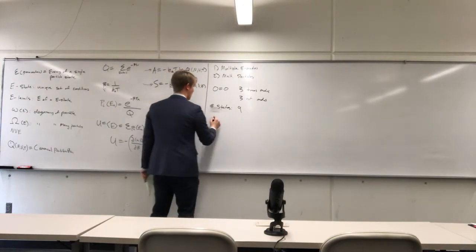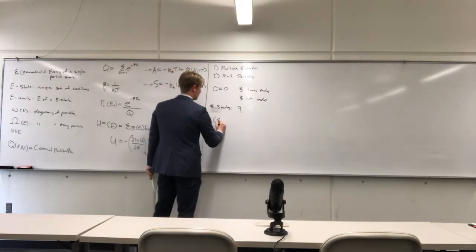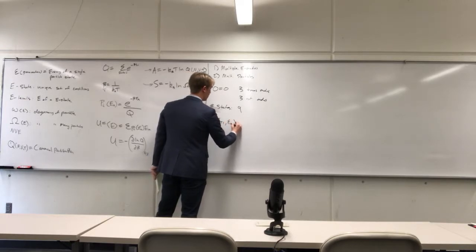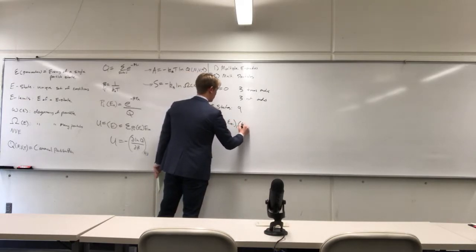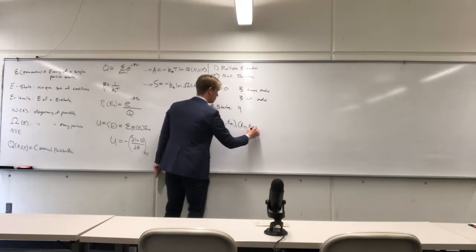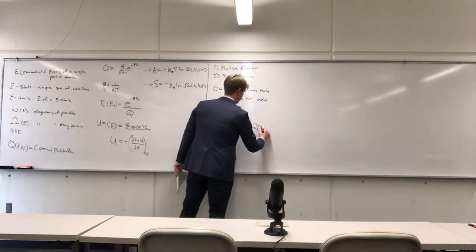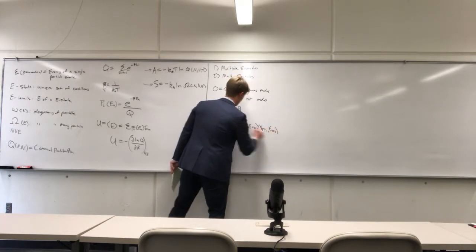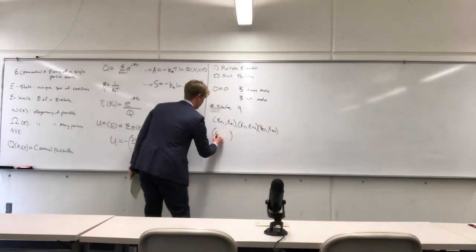So if we were to write that out, we would have energy translation 1, energy rotation 1, energy translation 1, energy rotation 2, energy translation 1, energy rotation 3, and then we just keep on listing these out.